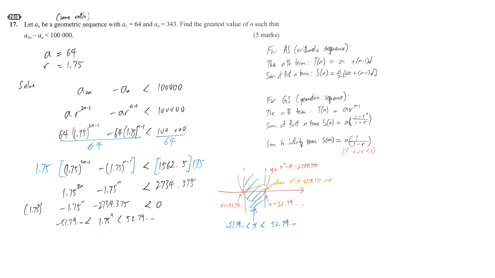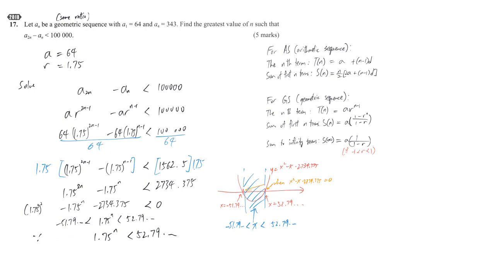We learn that the way is the logarithm. Basically, we are just considering the upper part. So we write down, since 1.75 power of n is less than 52.79. The reason I do not consider the lower bound is because the log of a negative number is not defined. To avoid any trouble in presenting the idea, we just focus on this part.